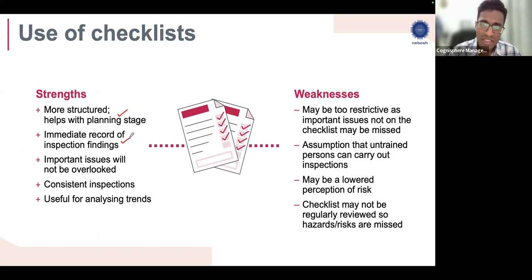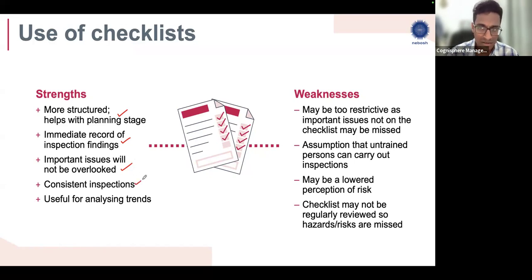Okay, so during inspection, if I find any unsafe condition, immediately I would be recording with a remark or a comment. Okay, important issues will not be overlooked, so you would be going through by the checklist. So if the checklist is tailored, then you will not miss any areas or any potential hazard areas.